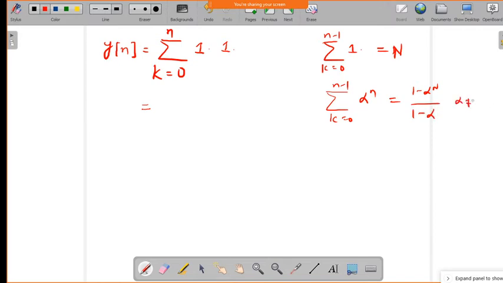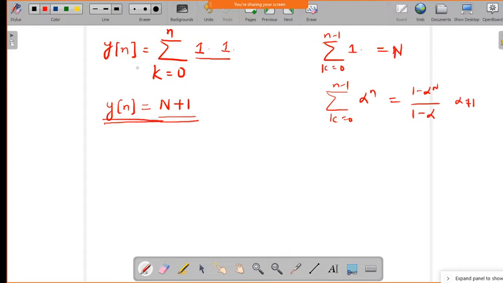Now in our case, the alpha value is 1, so 0 to n minus 1 gives n. Since it is 0 to n, we will get n plus 1. That is the resultant, y of n. So this is the result.